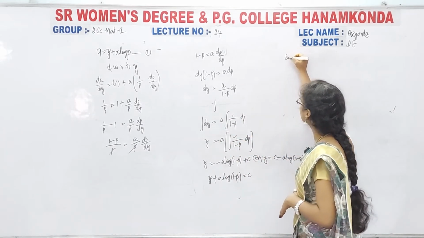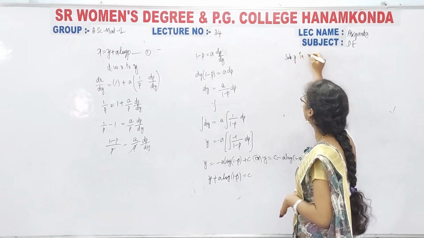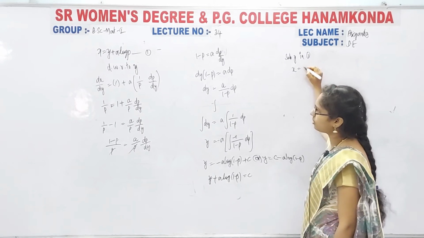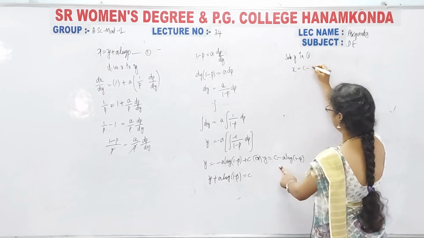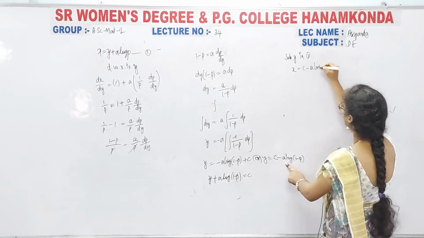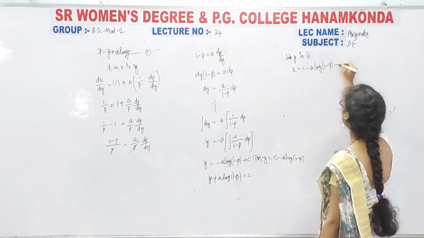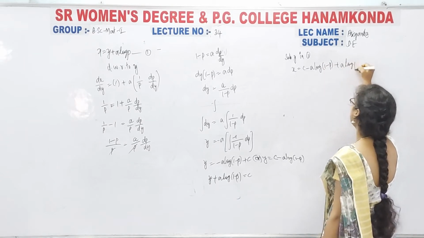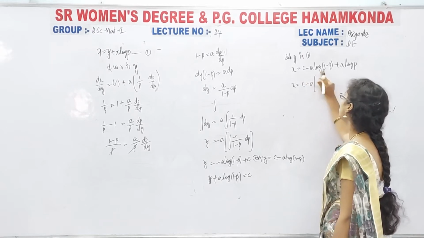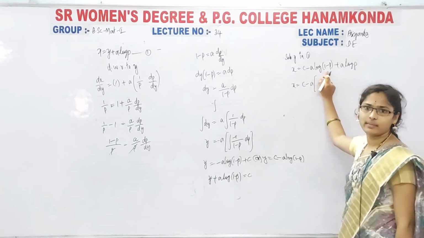Then substitute y in 1. Then what we get, x equal to y plus a log p, with y equal to c minus a log of (1 minus p). So x is equal to c minus a log of (1 minus p) plus a log p.